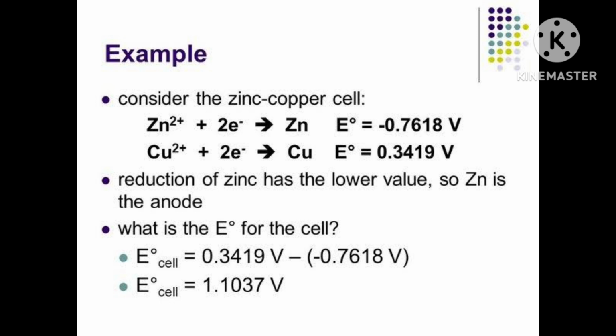If we want to obtain maximum work from a galvanic cell, then the charge has to be passed reversibly. This is the condition.